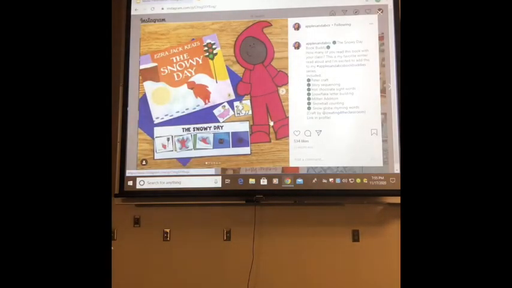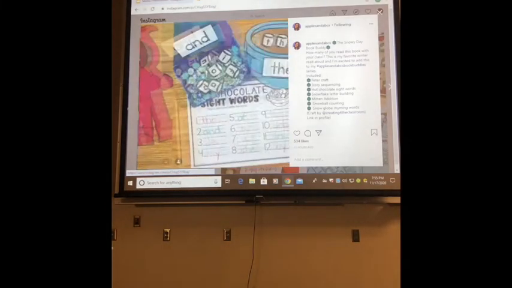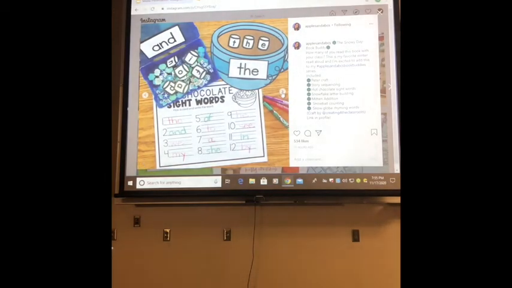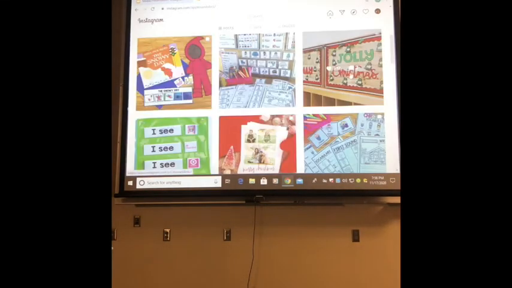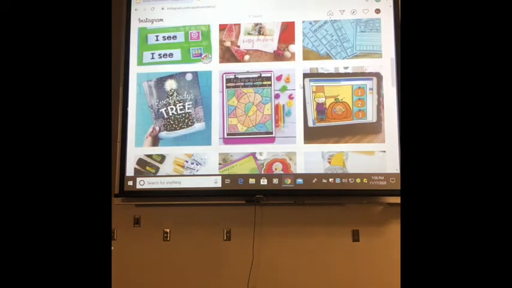Some of them are reading the story and then placing the little sequence of events. This is kind of like unscrambling the letters, spelling it out in the right way. So this is more of getting different resources from a teacher, different types of activities that you could use in your own classroom.